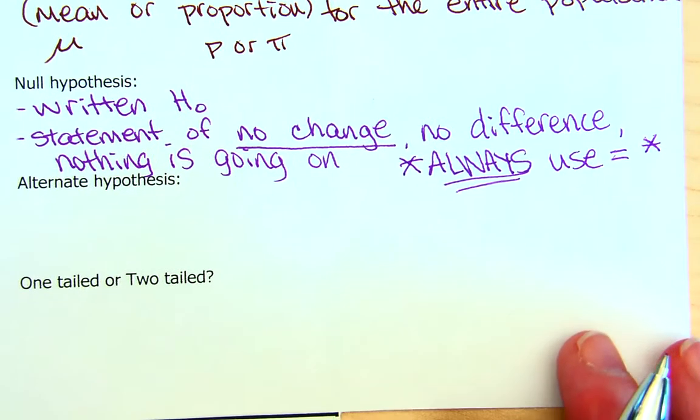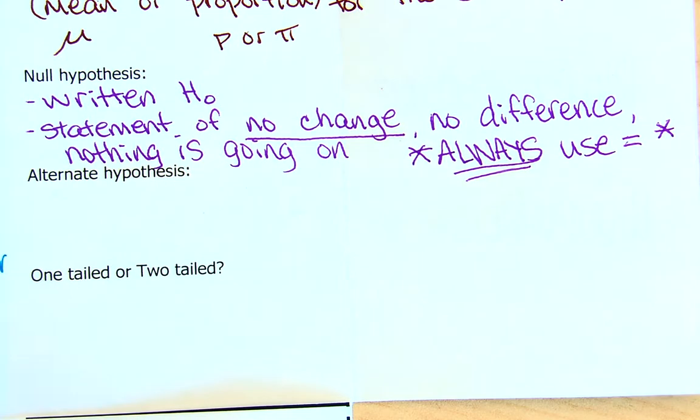This one will always use an equal sign. Okay? Certain problems make it sound like you should do an inequality there, but you never do an inequality. It's always an equal sign for H0.